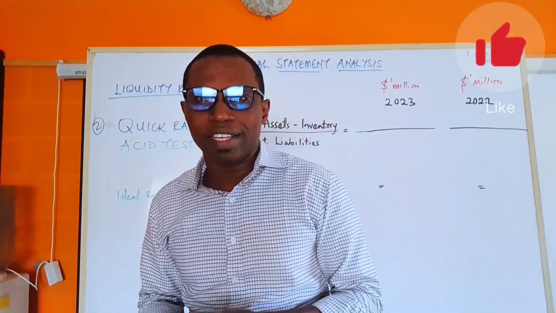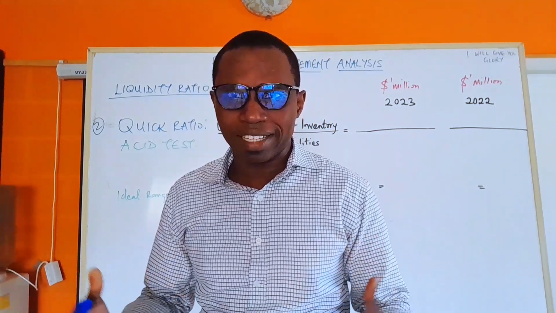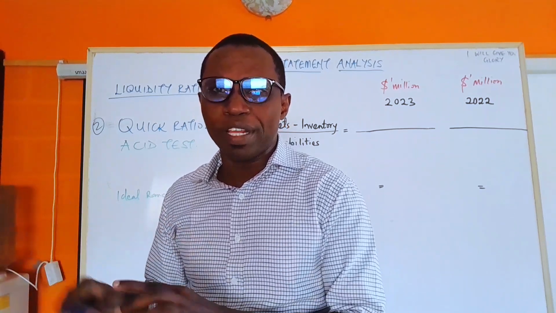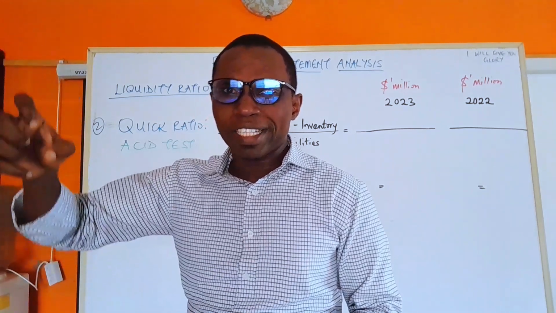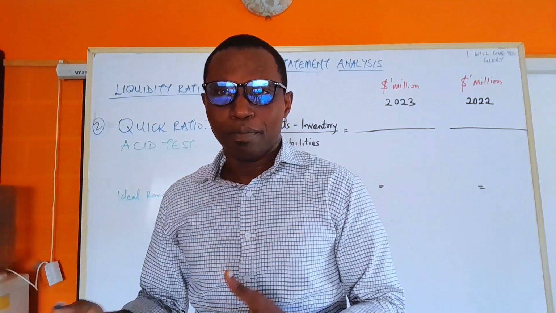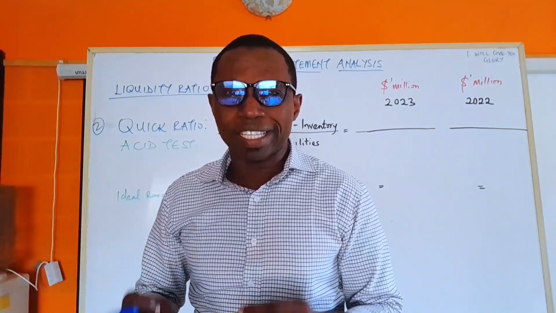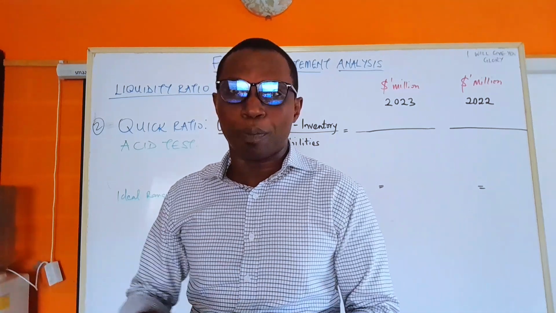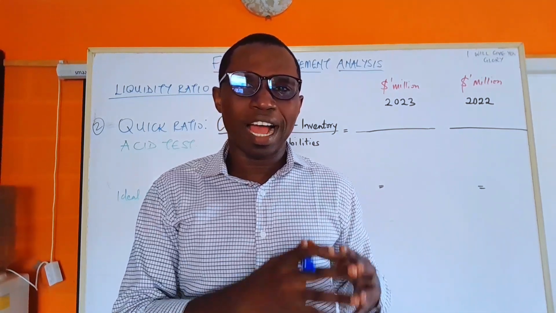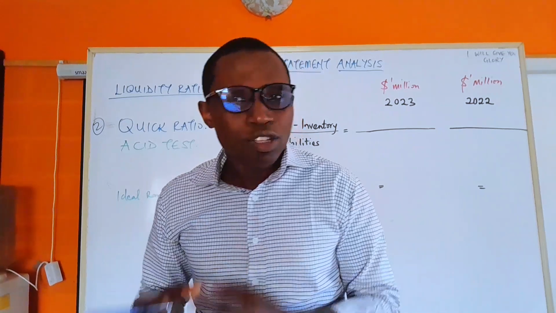The reason for this is creditors, lenders, they want to know how easy will it be for this company to turn their current assets into cash in the case of emergency. Maybe they need to raise cash immediately in order to pay their creditors. How quick will they turn their current assets into cash?